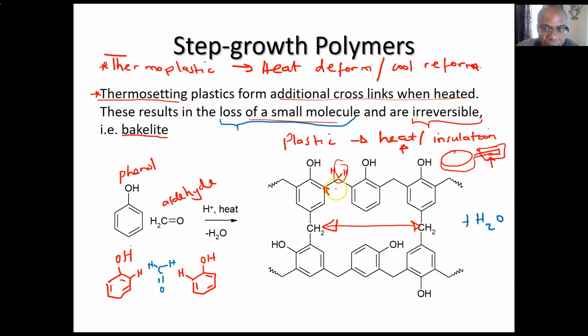See, there's no hydrogen here, there's no hydrogen there, so where did they go? They were lost. Those two hydrogens and the oxygen will be lost. What does that give you? It gives you H2O.